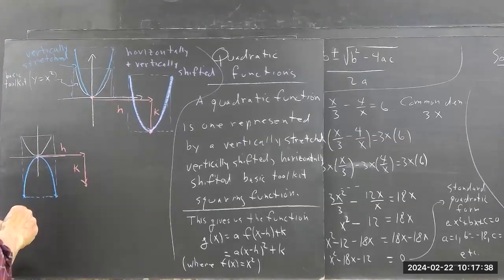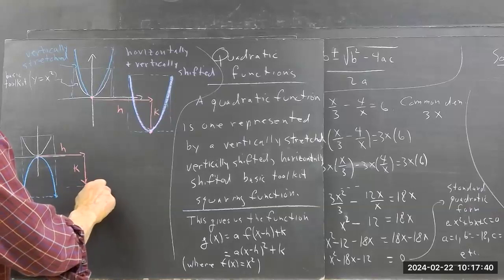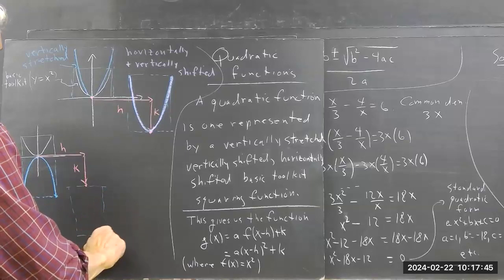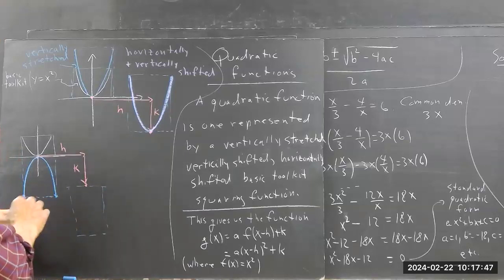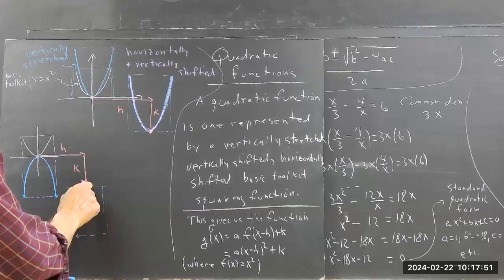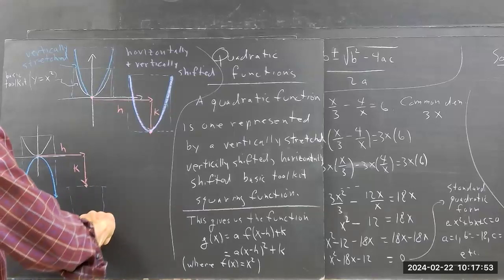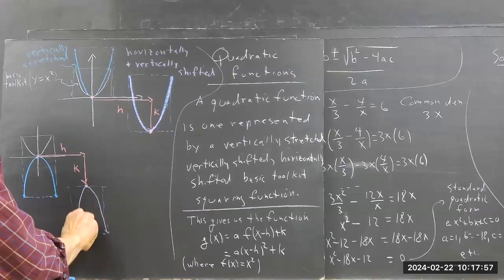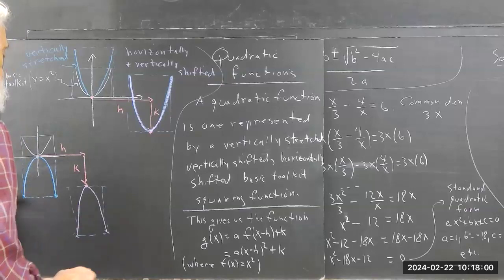Okay, so here then we have the same rectangle, didn't do a real good job of it. And let's go ahead and sketch our curve. Okay, so there it is.